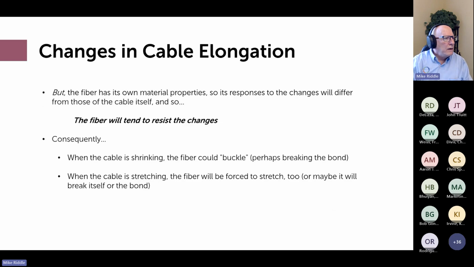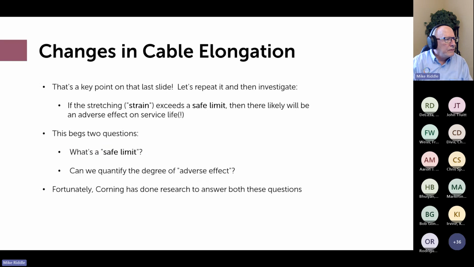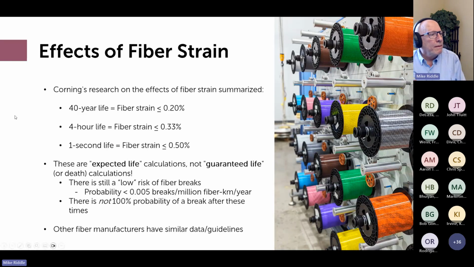Glad to know that. We talked about, here we go. These values here are based on 100 kpsi proof test fiber. You will get different values if you use higher proof test fiber. For 100 kpsi fiber, the fiber strain and the fiber stress are about a 1-to-1 ratio.